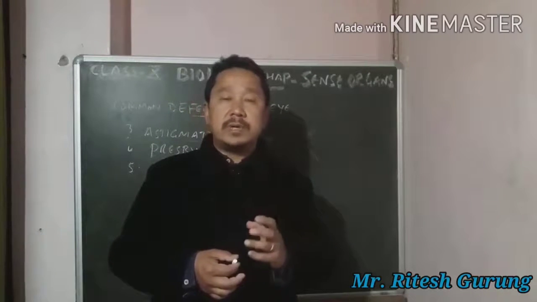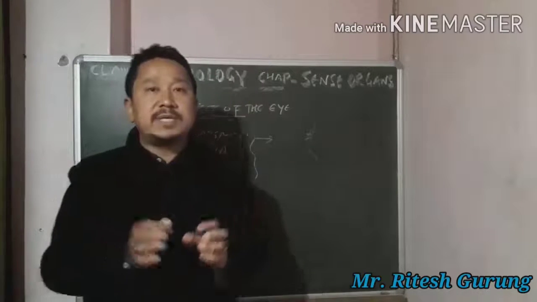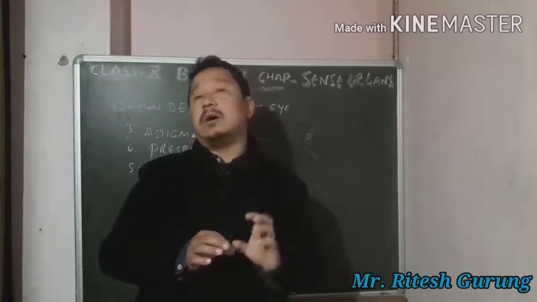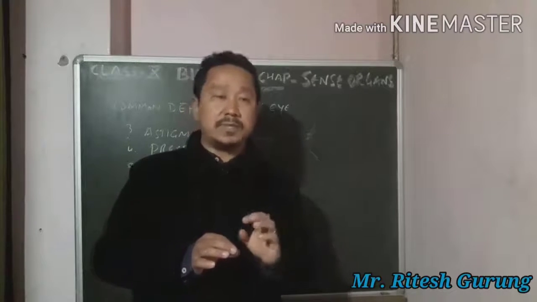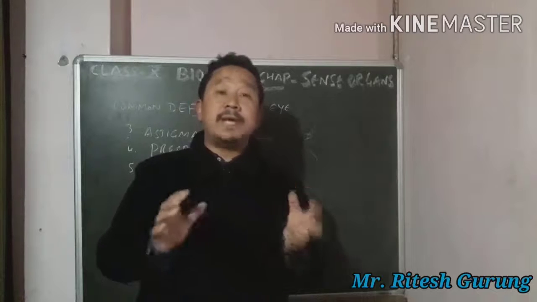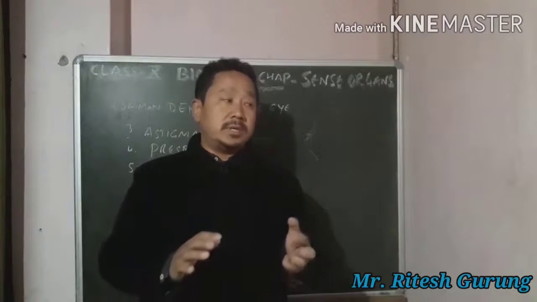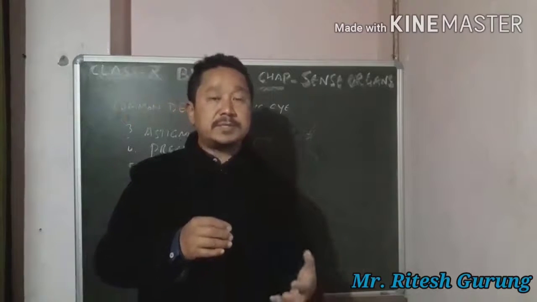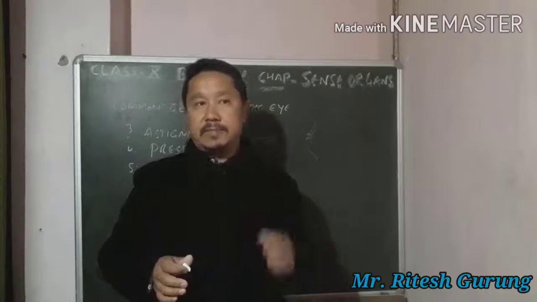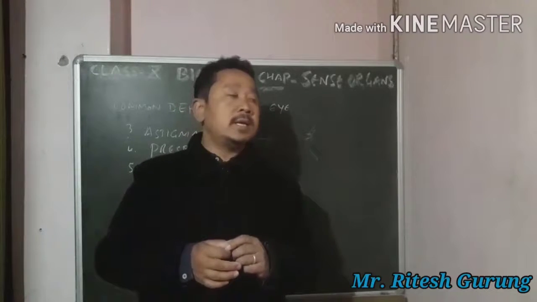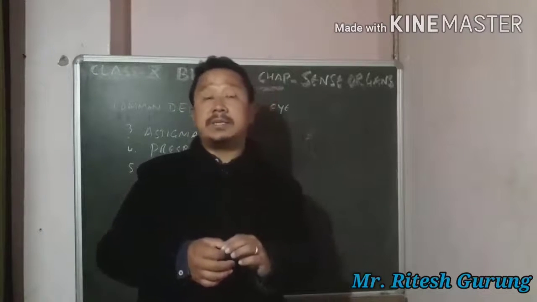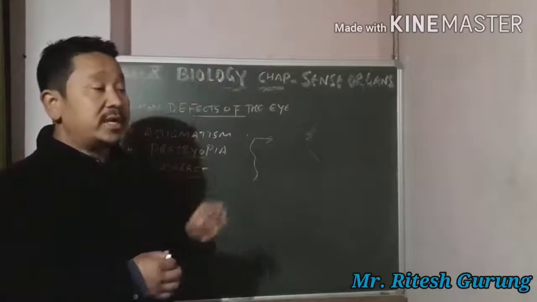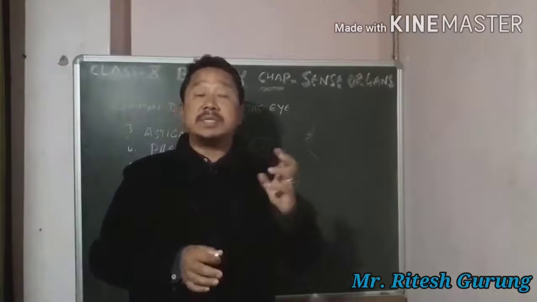Older people can't see near objects clearly because of the loss of flexibility of the lens. The lens keeps changing its shape to see objects at different distances, but as you grow older its flexibility is sometimes lost. Consequently, near objects are seen blurred.